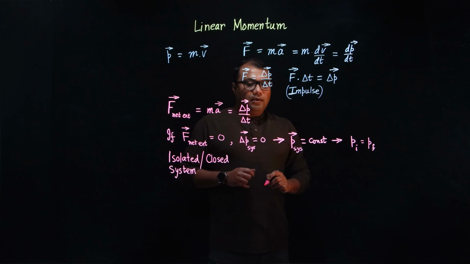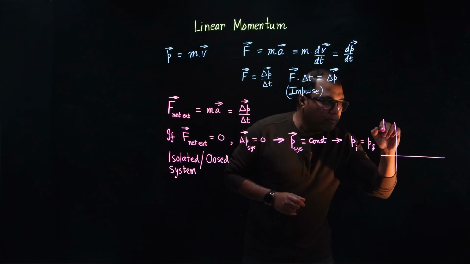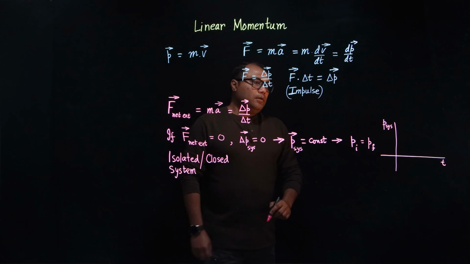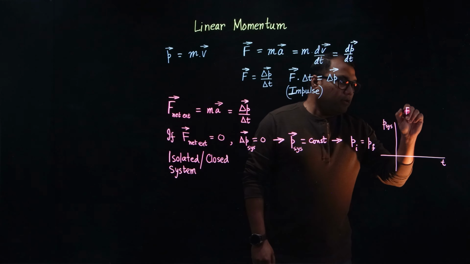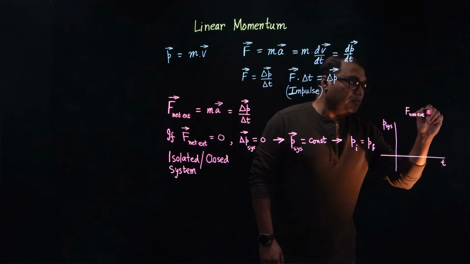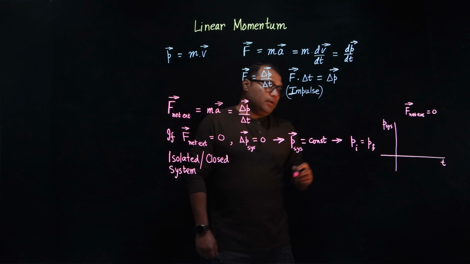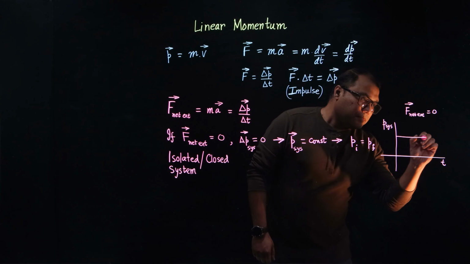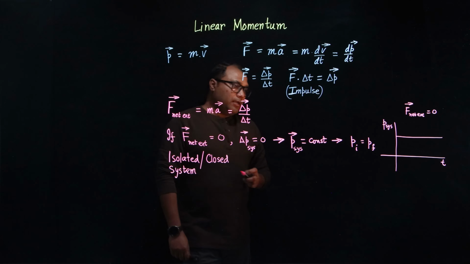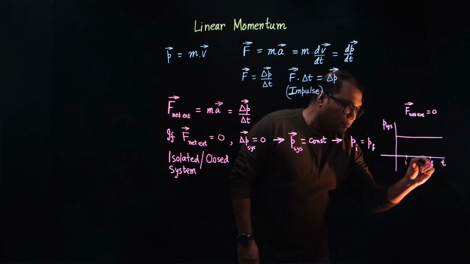In fact, if I plot the momentum of the system versus time, where F net external is 0 over any period of time, this is a constant. It's a straight line. We can take any point as initial point and any point as final point.